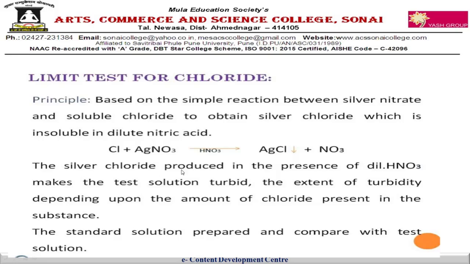The silver chloride produced in the presence of dilute nitric acid makes the test solution turbid. The extent of turbidity depends upon the amount of chloride present in the substance. The standard solution is prepared and compared with the test solution.